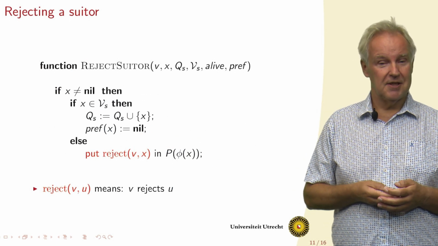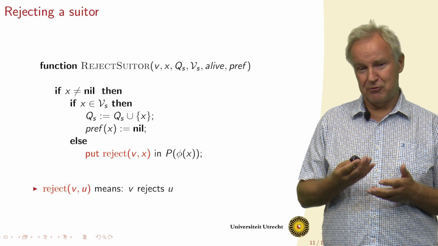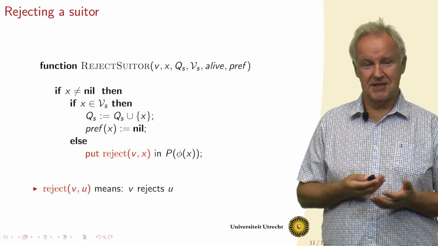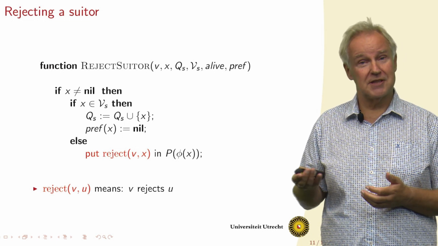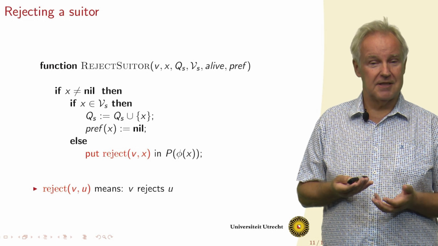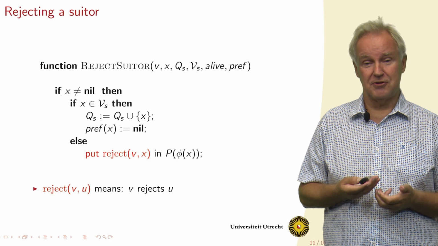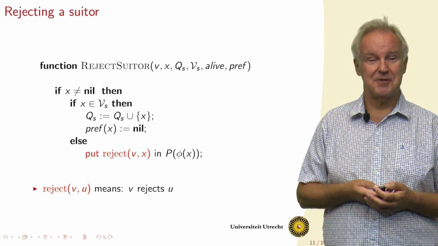Here you see what rejecting a suitor entails. I've written a function here, reject suitor, and what it does is V rejects a suitor X. In this case, you check whether X is not nil. It's a true loser in this case.